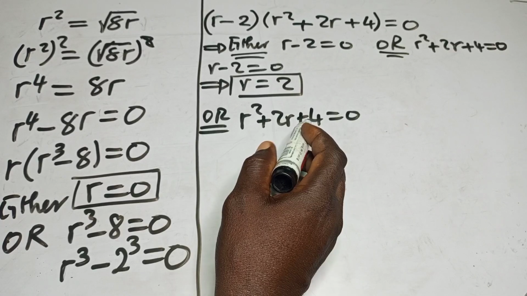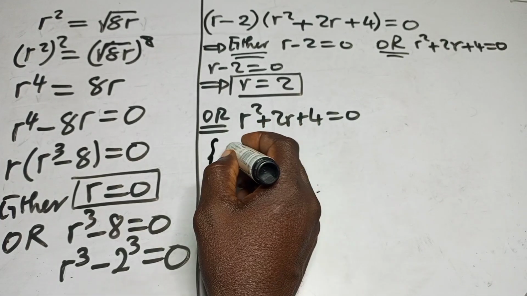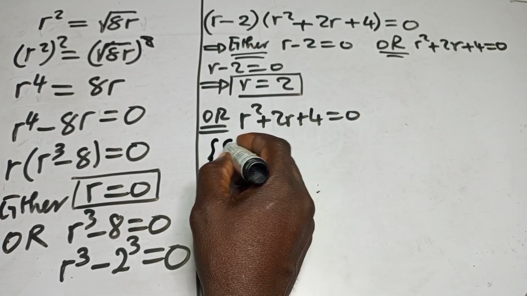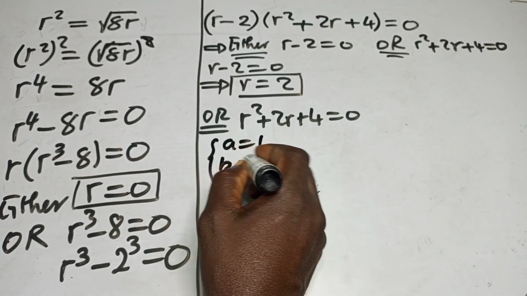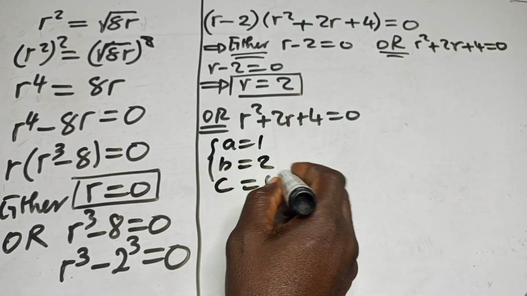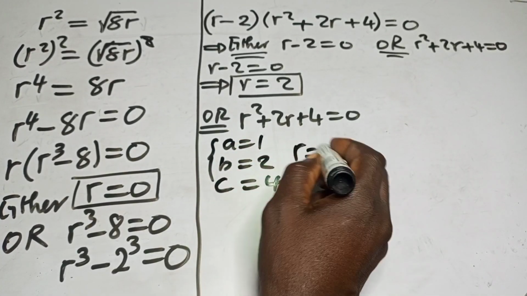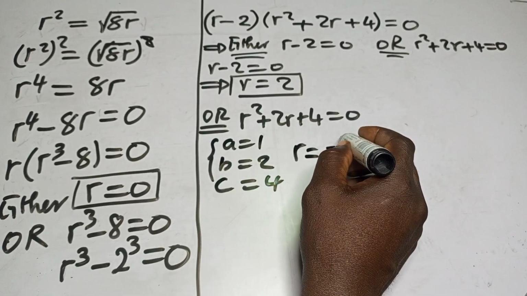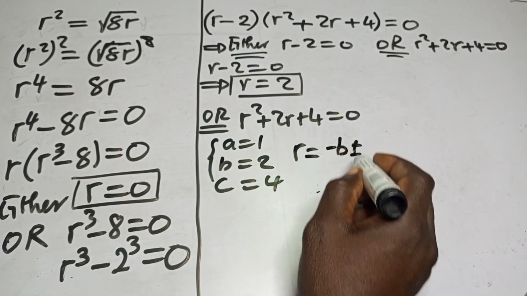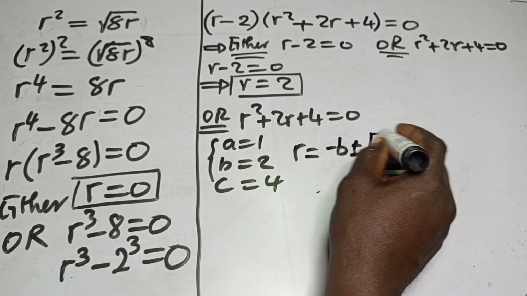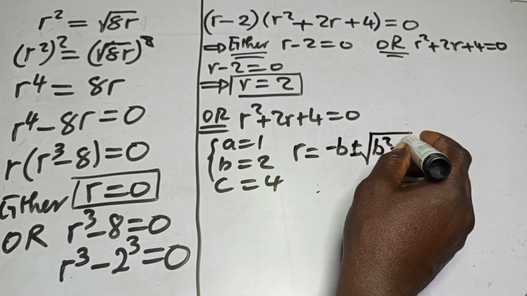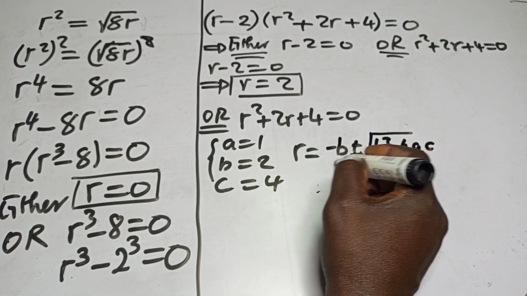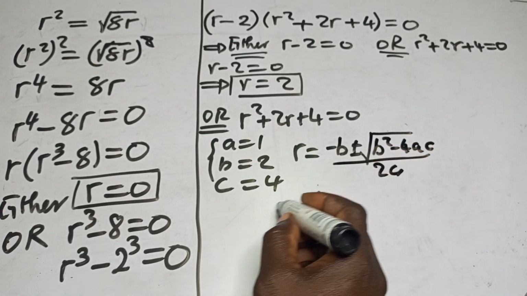Now, what are the factors? Let's use the quadratic formula. Let's collect our coefficients. A is 1, B is 2, C is 4. So we'll use the quadratic formula. r is equal to minus B plus or minus the root of B squared minus 4AC all over 2A.